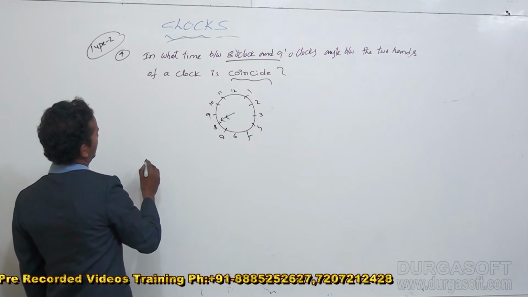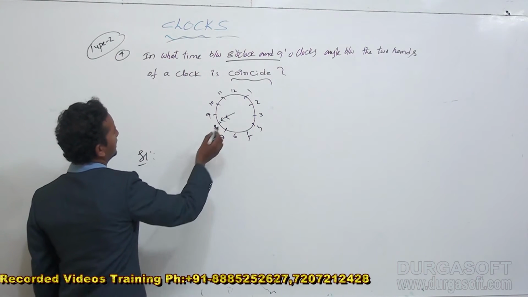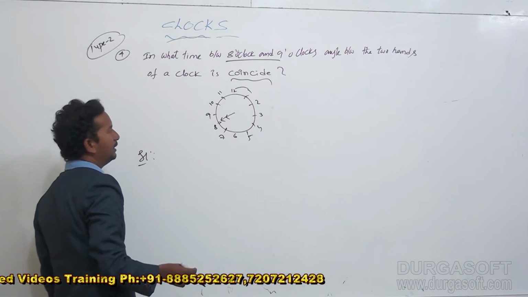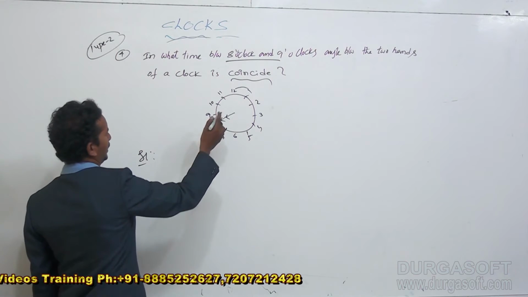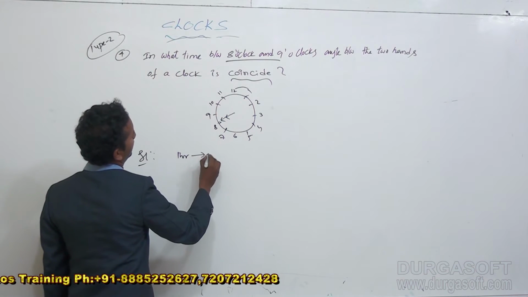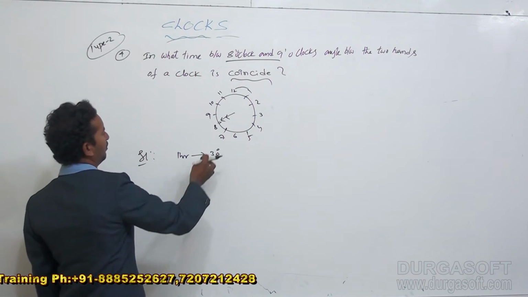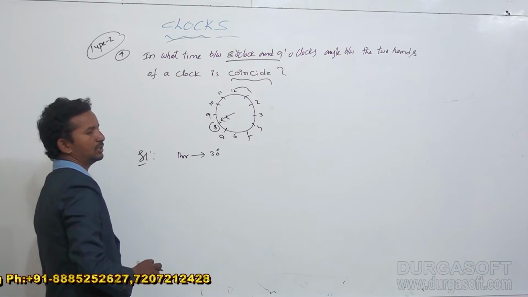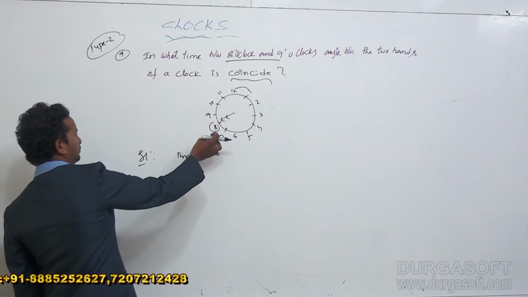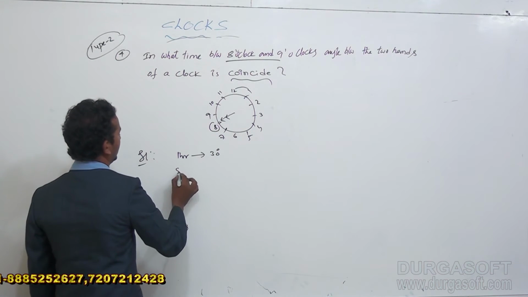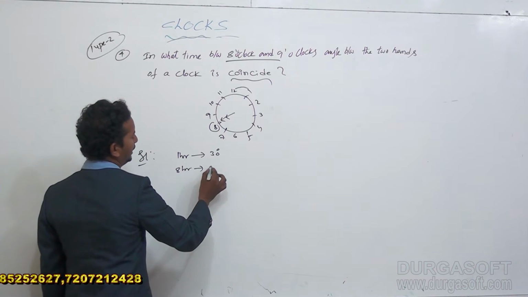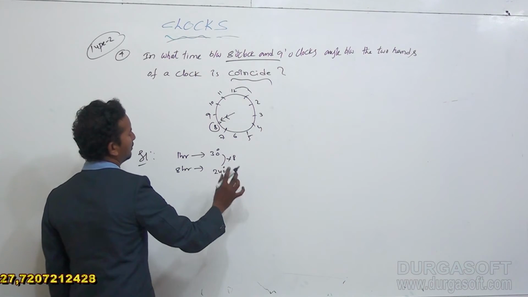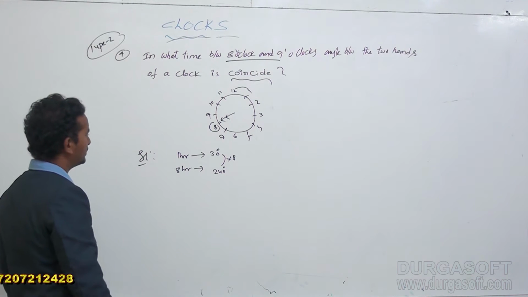Now again, solve here. The angle between every 1 hour is 30 degrees. But I want 8 hours, so how many degrees will be occupied? 8 hours is 8 into 30, which is 240 degrees. 240 degrees will be required.